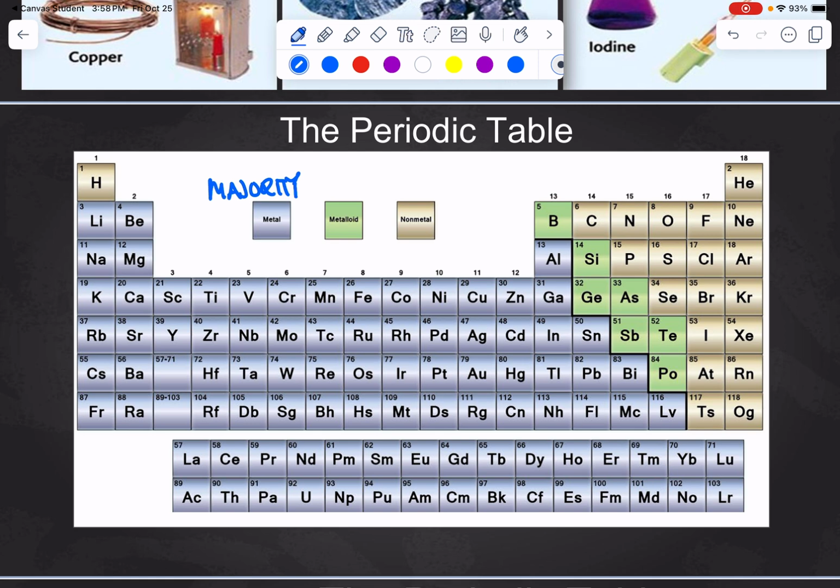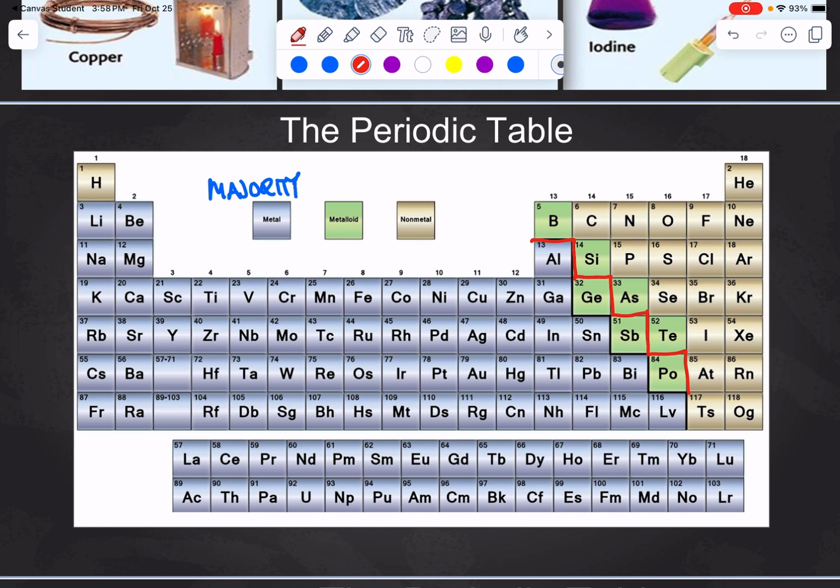Now, I don't like this step stair that they drew, okay? I want you to draw a line between boron and aluminum, and then you're going to zigzag in between. And notice it stops around polonium.